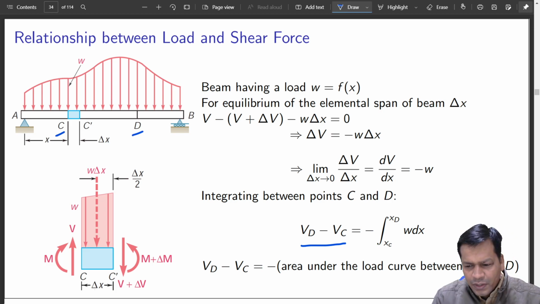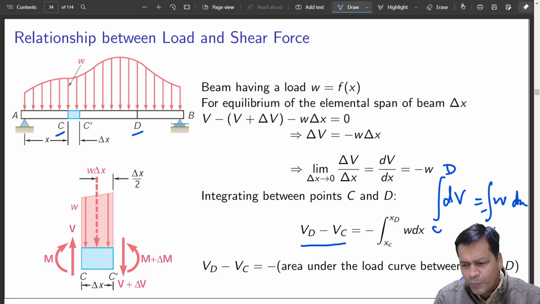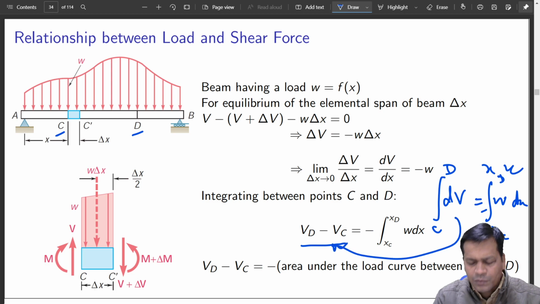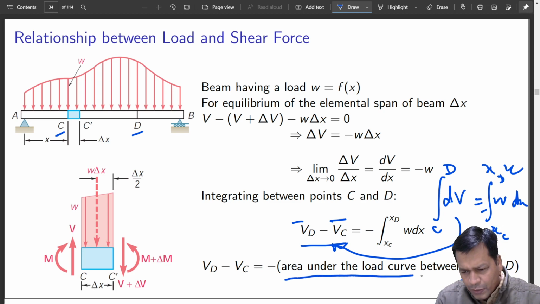So if you integrate this, dV integration from point C to point D should be equal to W dx integration, negative, from point xc to xd. This is okay. So this turns out to be this much. This turns out to be this much. So change in vertical force from D to C is equal to area under the load curve.